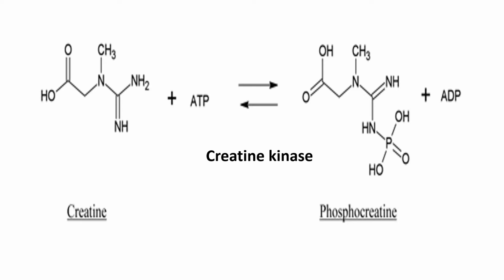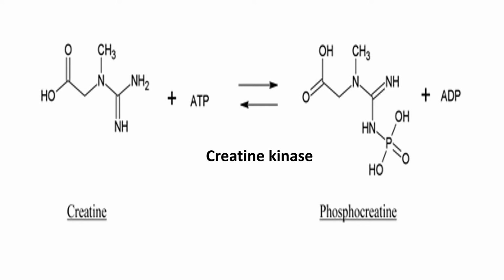Here we will discuss another isoenzyme, that is creatine kinase or creatine phosphokinase. Now this slide shows you that the substrate for this enzyme is creatine, which is mostly present in the skeletal muscles and the liver, and the second substrate is ATP. As I have discussed earlier, kinases are the class of transferases which transfer a phosphate group from ATP to the substrate.